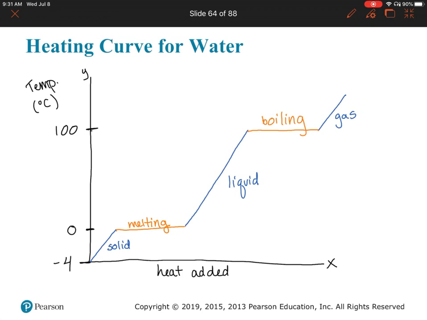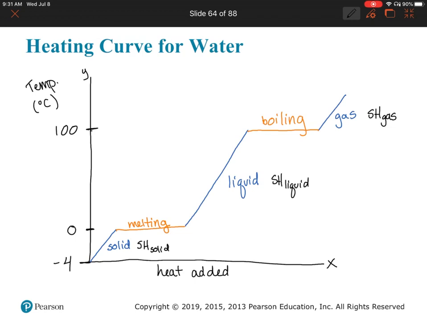Now, remember from our last video that we also talked about specific heat. So for each state of matter here, we have a different specific heat value. So the solid has its own specific heat, the liquid has its own specific heat, and the gas has its own specific heat.